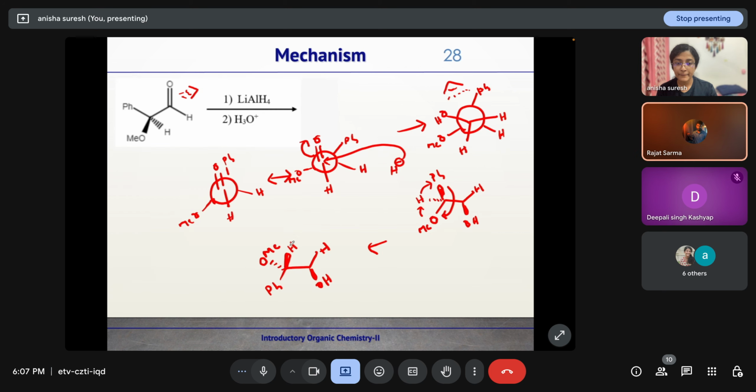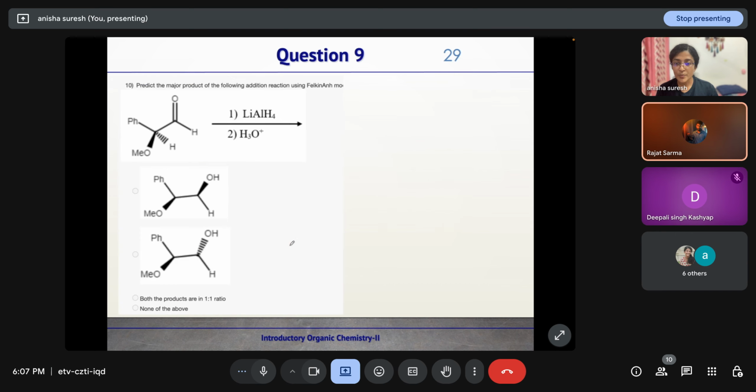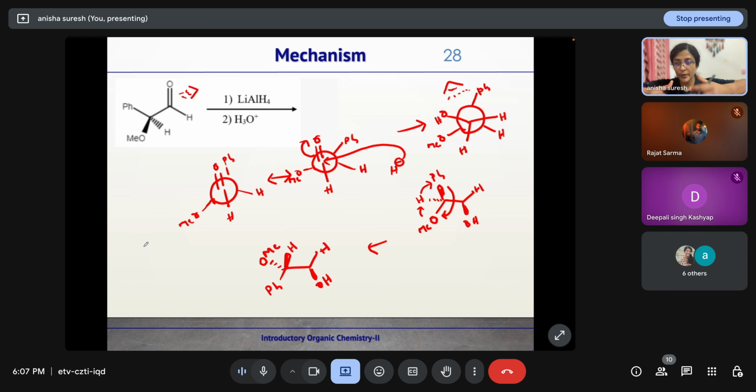Option B. Option B will be the right answer. They are just rotating it, flipping it 180 degrees, such that the alcohol will be coming down.